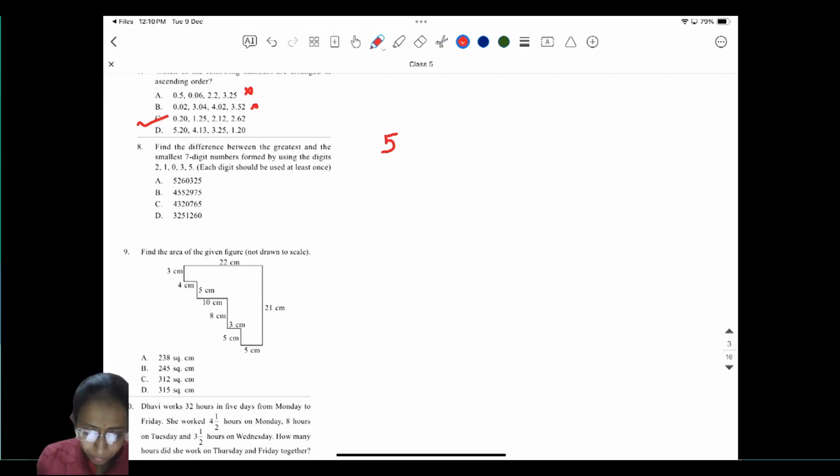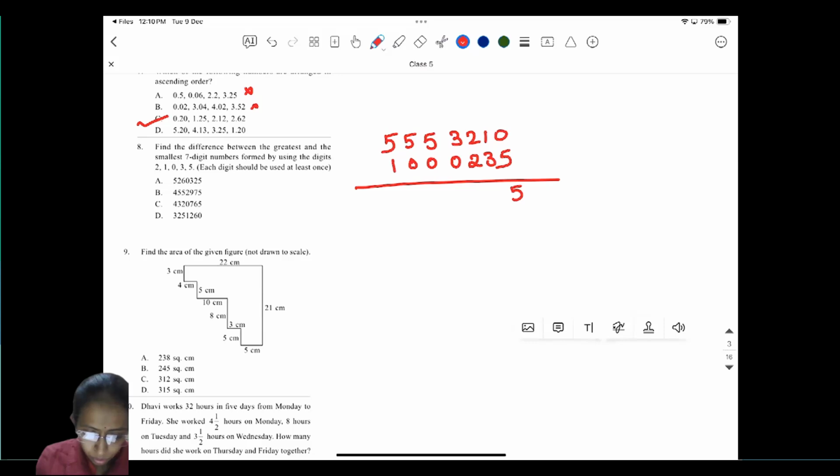So 5, then again 5, then again 5, and then 3, 2, 1, 0. This is the greatest 7-digit number, and the smallest one will be 1, then 0, 0, 0, 2, 3, and 5. Now, when you subtract these two numbers, you will have B as your answer.